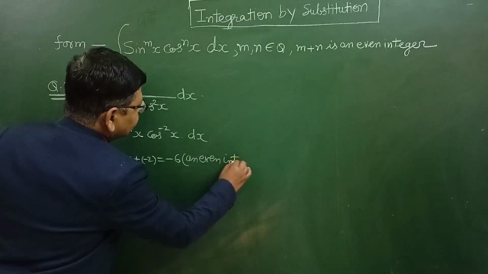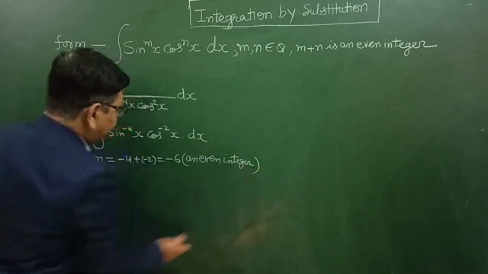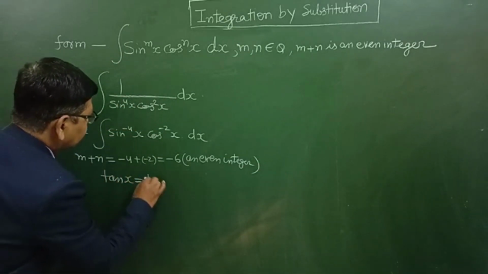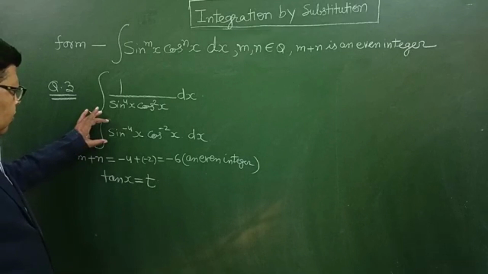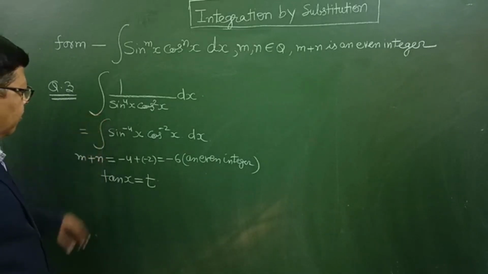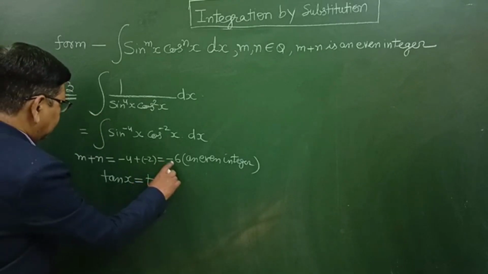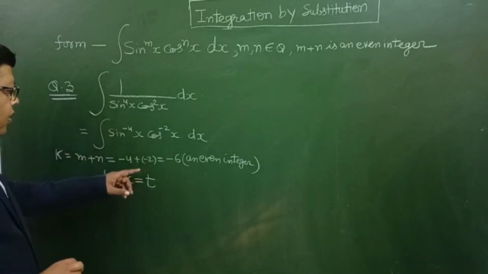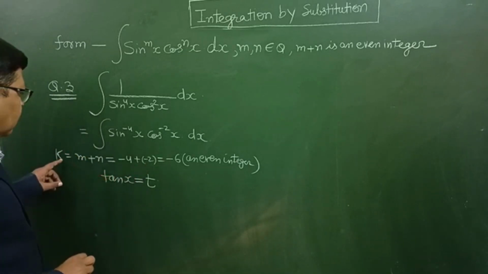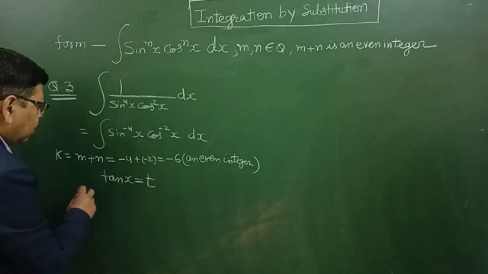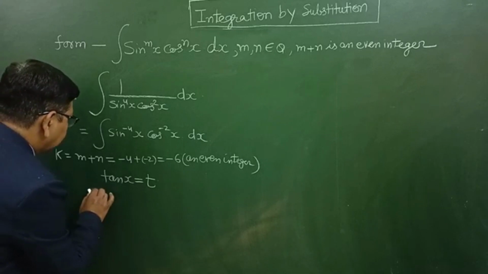So in this case, the substitution will be tan x is equal to t. To convert this into tan form or cot form, multiply by the positive of this. Let this be equal to k. So multiply by the positive of this, that is cos kx, that is cos 6x.